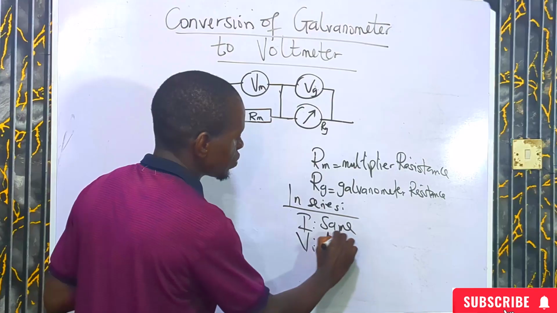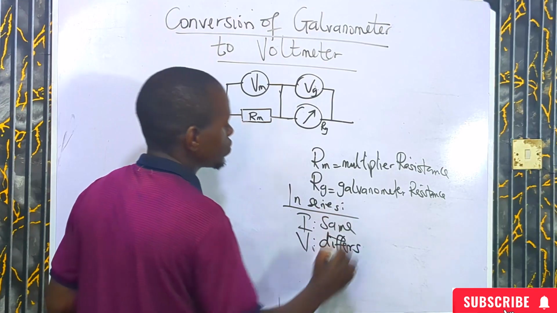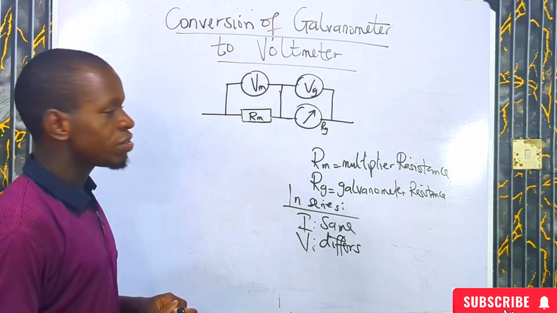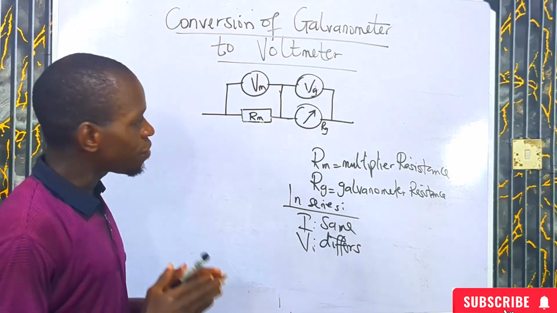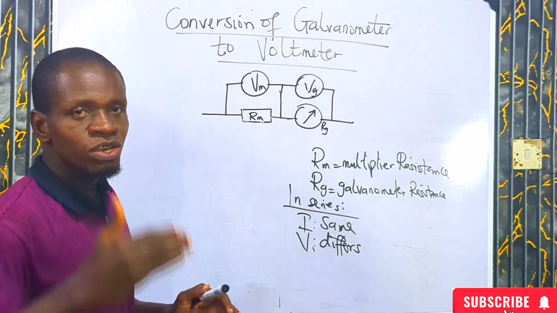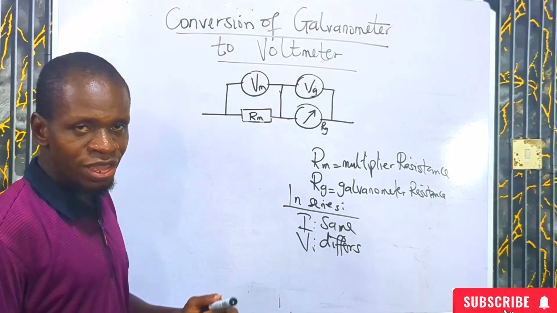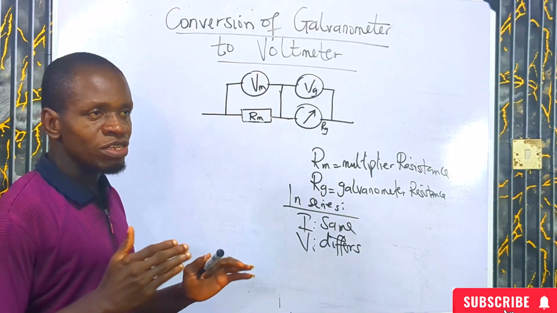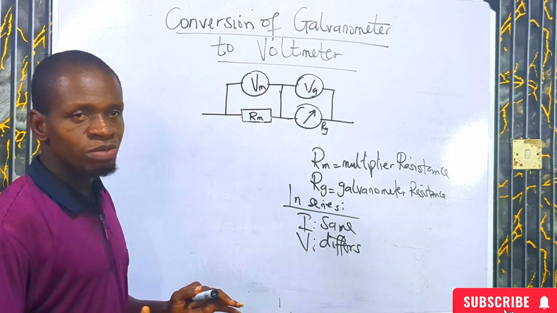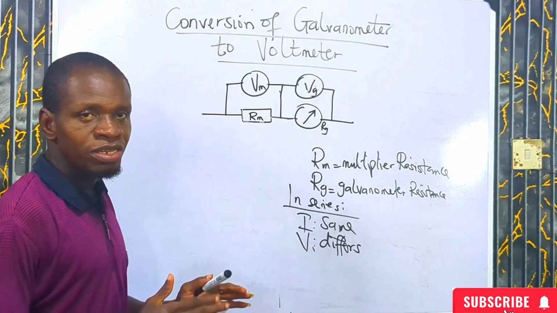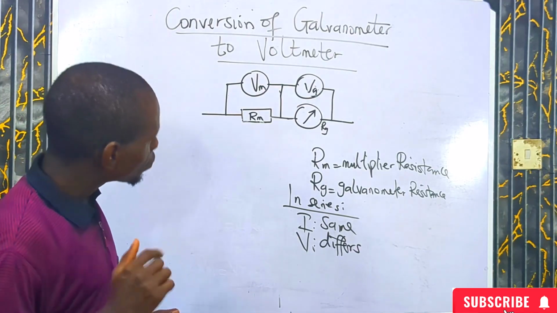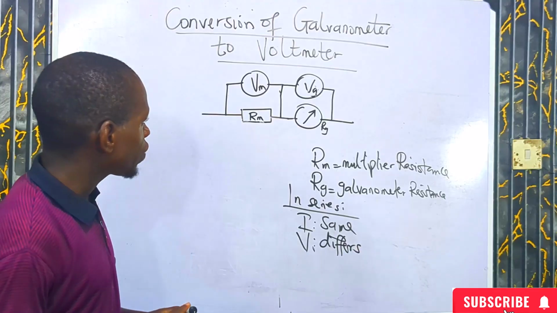So for that reason, let us derive a formula that we can use to calculate the multiplier. The reason I want us to derive this is so that, in case you forget the formula, you can derive it yourself. Let's see how we're going to derive it.